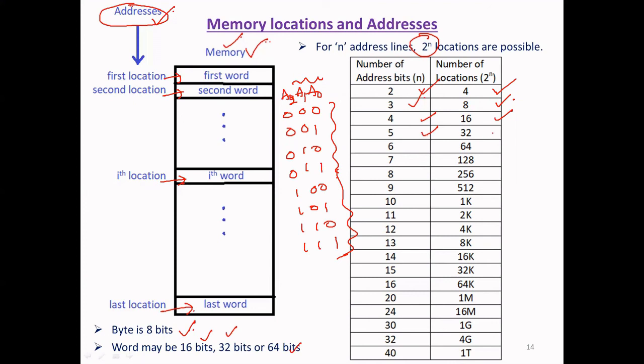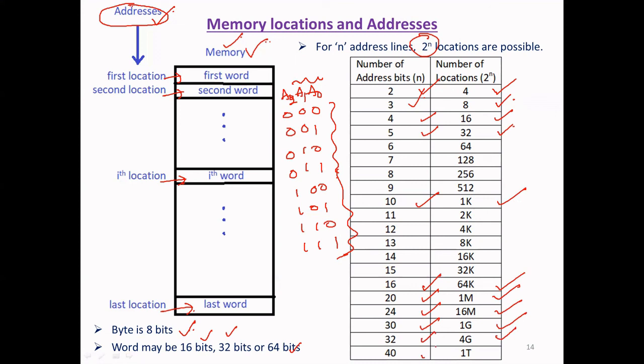Address lines are 5 bits, then 32 locations are possible. Like that, 10 address lines give 1K, 16 gives 64K, 20 address lines give 1 mega, 24 address lines 16 mega, 30 address lines 1 giga, and 32 gives 4 giga.